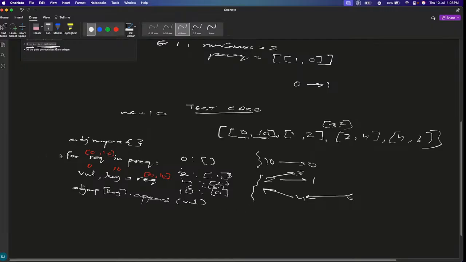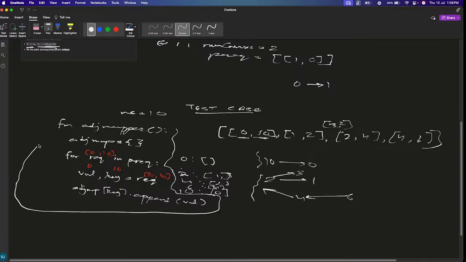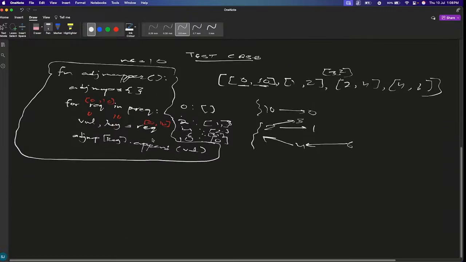So you have your first code. This could be a function called adjacency mapper. Awesome. So moving on, that's our adjacency mapper.